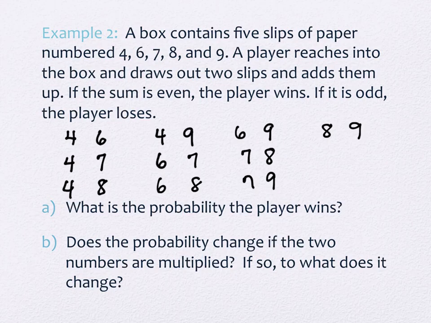Okay, so I'd like for you to go back now, and we're going to sort of play the game out and look at what these outcomes are in terms of addition. So if I add these together, what do I get? 10. Add these together, I get 11.